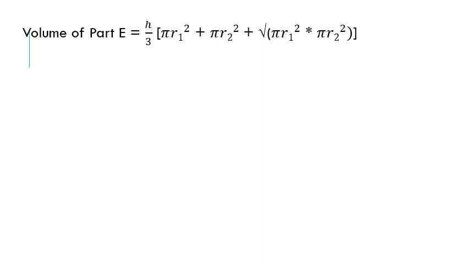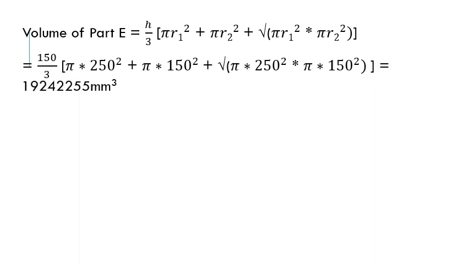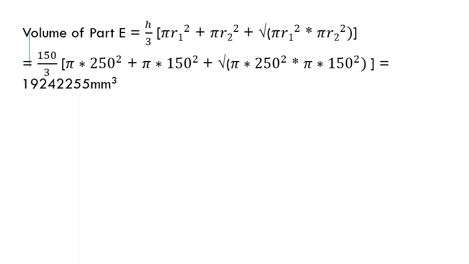So substitute the values. And I end up with 19242255 millimeter cube, because the length is 150 mm and the diameter is 500 mm. So radius would be 250 mm.